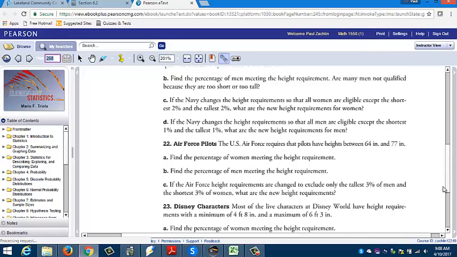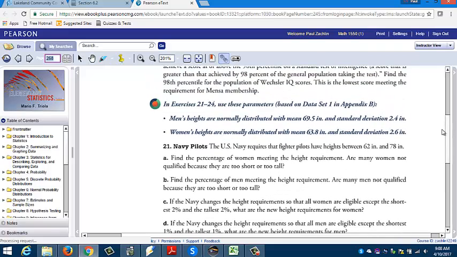What did we say the mean was? Well, the mean of the standard normal distribution is 0. But see, this is interesting. This is the first time we've had a mean that's different than 0, right? It says the mean is 63.8 inches, right? Let me show you what this looks like, guys.